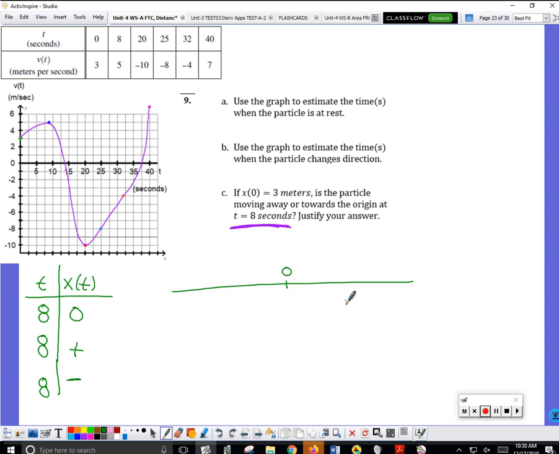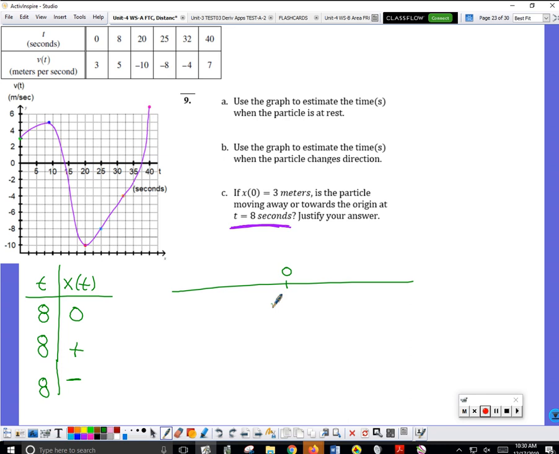Negative. So if the particle's here and I want to move away from the origin, my velocity needs to be positive. But what if you're on like the left side? It switches. So if I'm here and I want to move towards the origin, do I want positive or negative velocity? Positive.